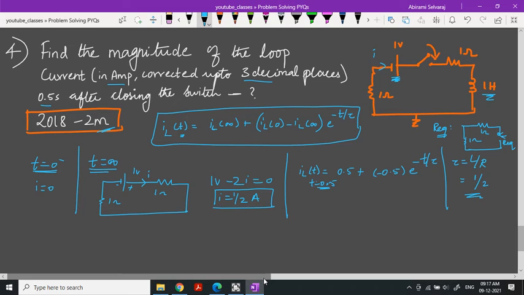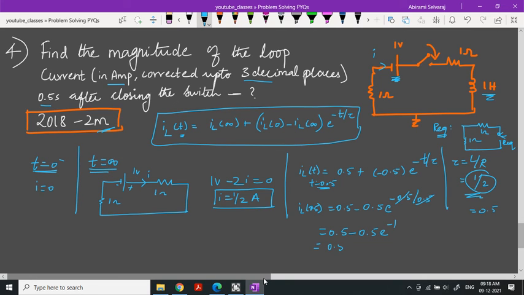At t equal to 0.5 we should find the current. So iL(0.5) equals 0.5 minus 0.5 into e power minus 0.5 divided by 0.5, which becomes 0.5 minus 0.5 into e power minus 1. e power minus 1 is 0.367, and that times 0.5 gives 0.1839.